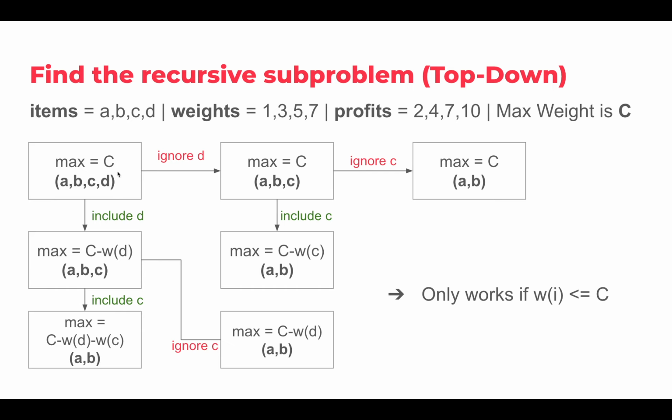If it has a higher weight than what's in the knapsack, then it does not make sense to include it. So this two-branch tree that I've created here only works if the weight of the item is less than or equal to the space available in the knapsack. The second question we're going to ask ourselves is, what are the base cases? And that's what I'm going to answer in the next section here.